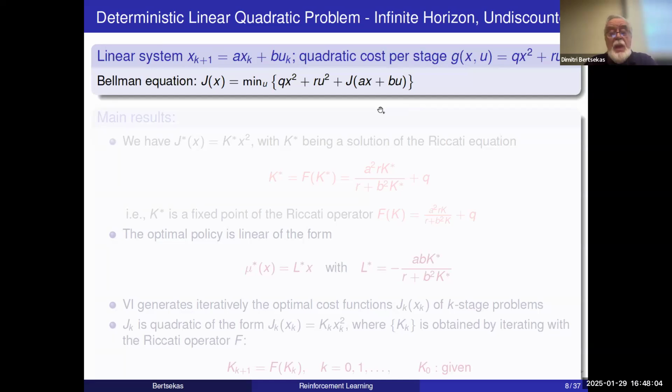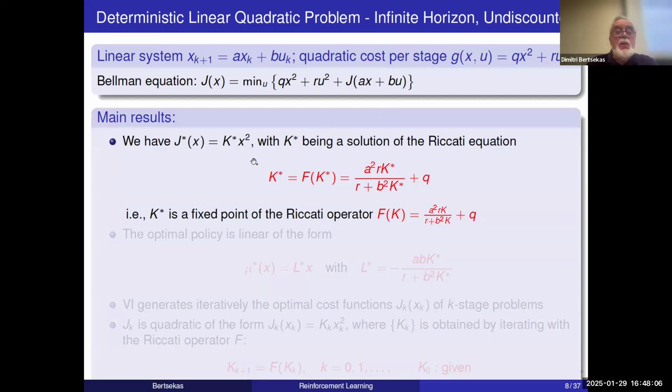The main result, which we talked about last time, is that J star is a quadratic function of x, with K star being the cost coefficient and being a solution of this Riccati equation. The Riccati equation involves this Riccati operator F, and it says that K star is a fixed point of this Riccati operator. So we have to solve this Riccati equation to find K star.